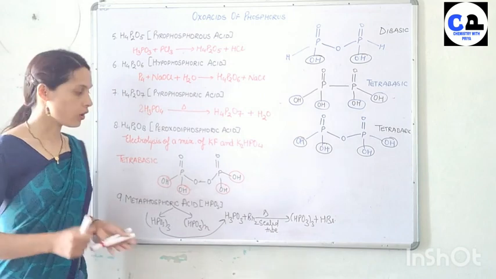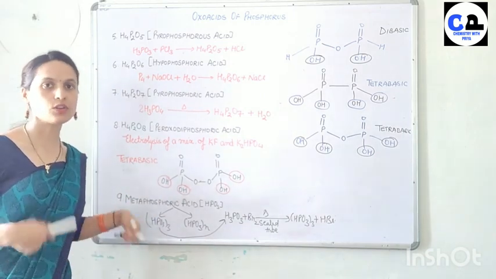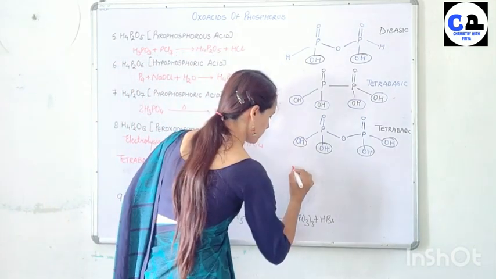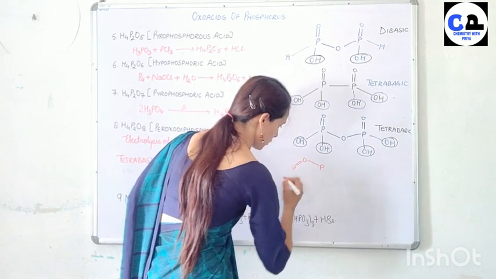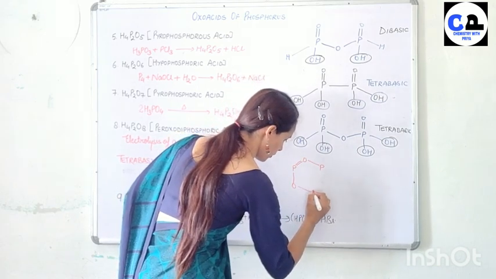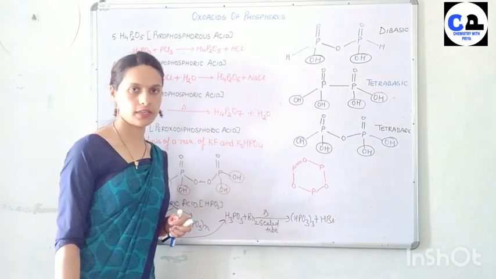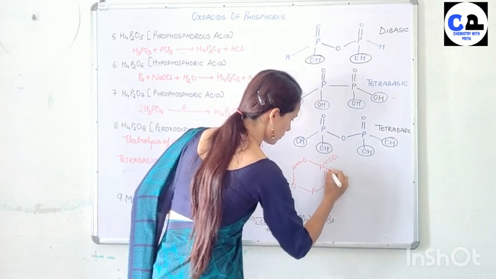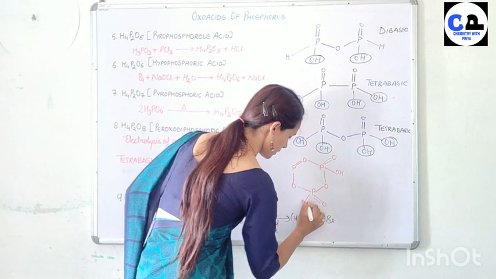Now if I draw the structure of cyclotrimetaphosphoric acid, it is like this. P double bond O, single bond P, single bond O, P, O, O. And here it is double bond O, OH, double bond O, OH.